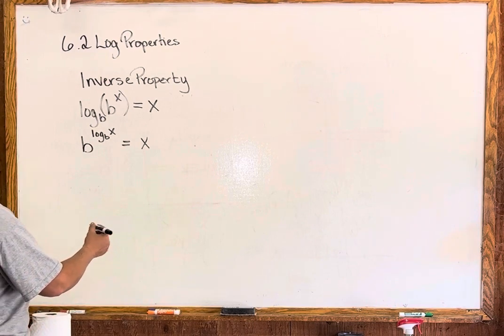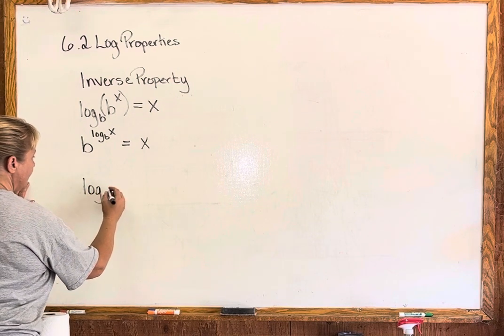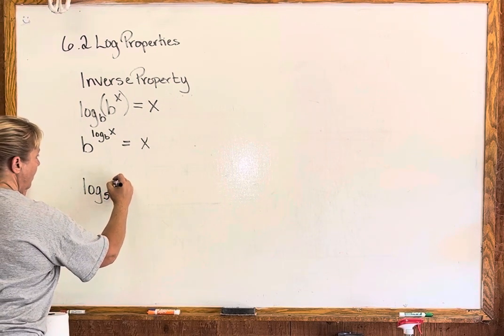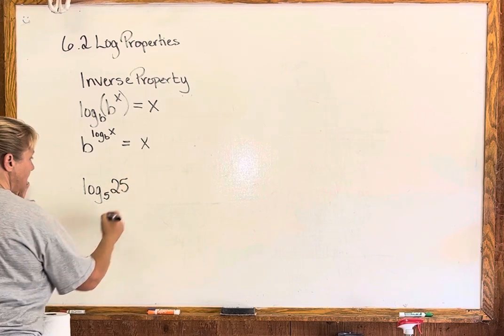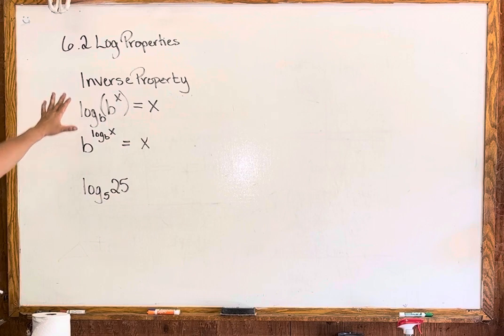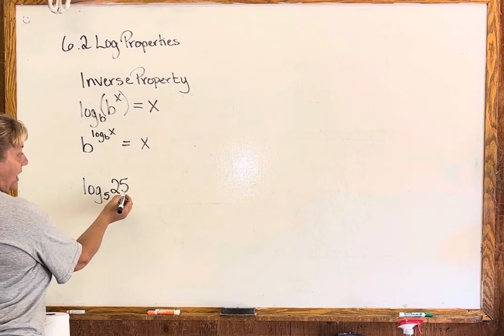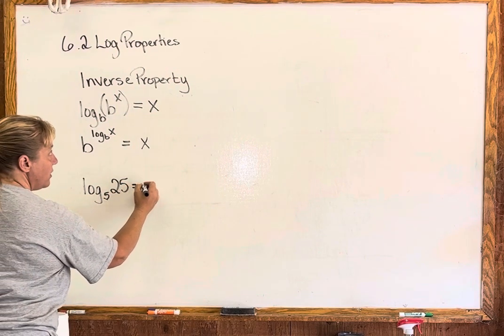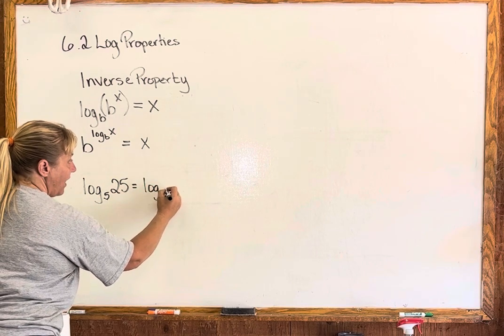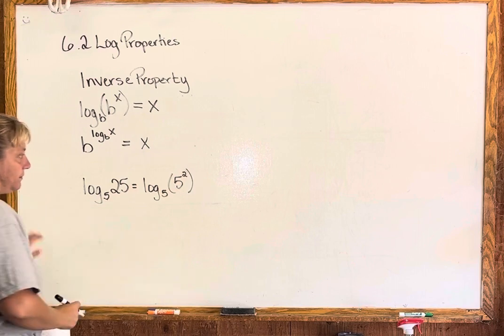So as an example here, let's see, I might give you log base 5 of 25. And now the point is to use this inverse property to solve this. Now I didn't just give you the most basic easy one, I'm going to make you work for it a little bit. So you notice that we have a 5 here, and this is 25. So we can do some rewriting, and could we write this guy as 5 squared?